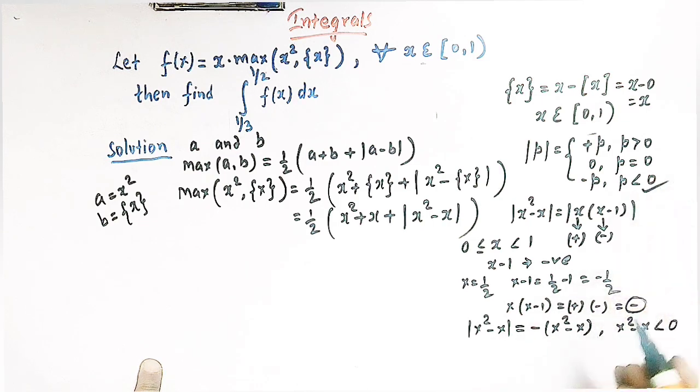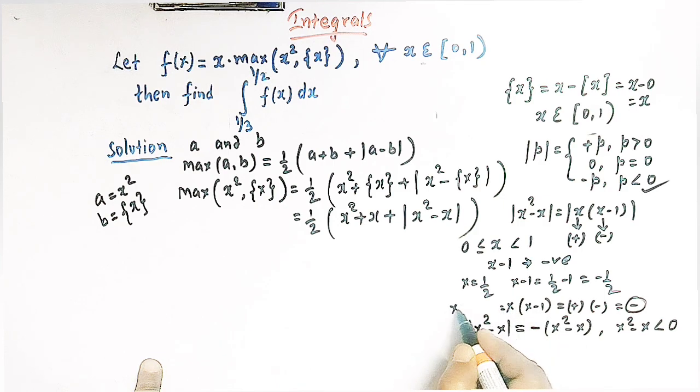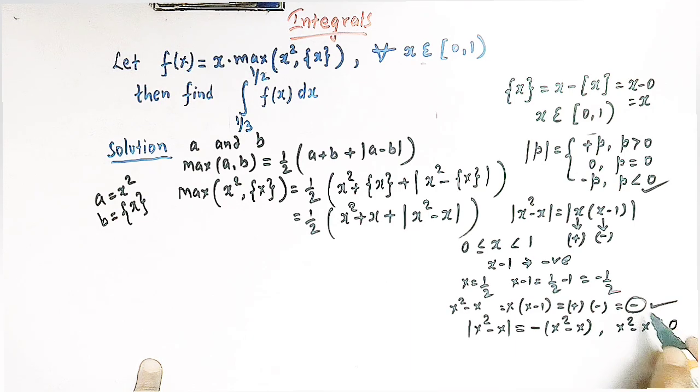Using this definition, because this number, that is x times x minus 1, which is x square minus x, is a negative quantity, and this is less than 0, right? So mod of x square minus x is equal to minus x square, multiplying these two quantities by negative 1, so we have here plus x, right?